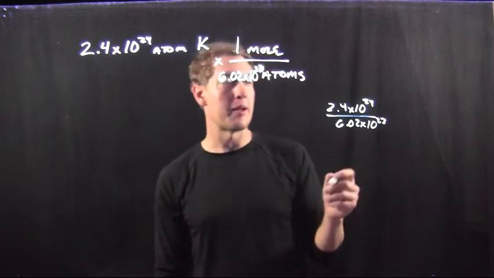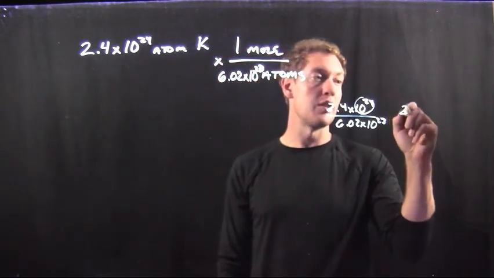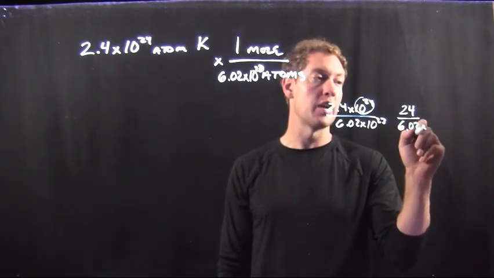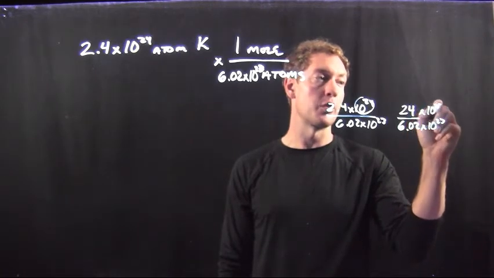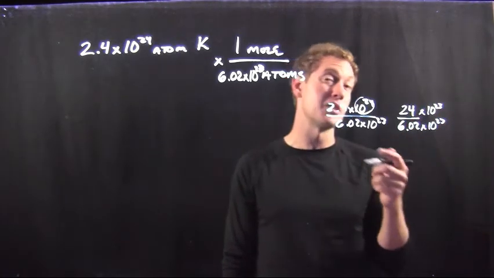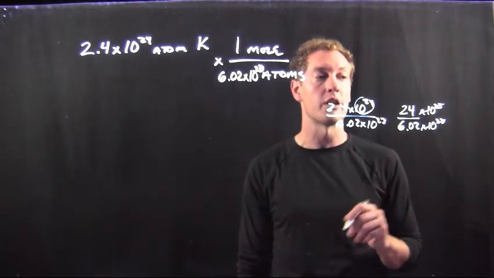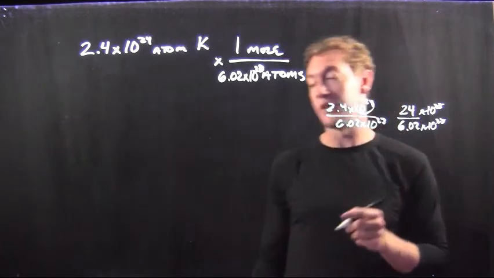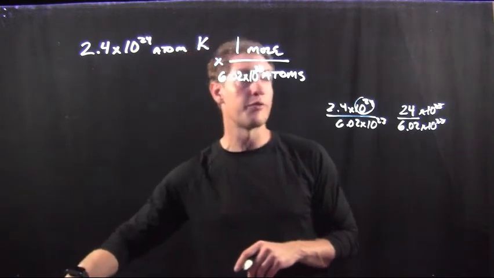And if I want to make that math easier on myself, I could relocate one of these 10s and it would be 24 divided by 6.02 times 10 to the 23rd. That's not proper scientific notation, but it makes the math easier because then my 10 to the 23rds divide away. And I am left with just 24 divided by 6.02, which should be right around 4.